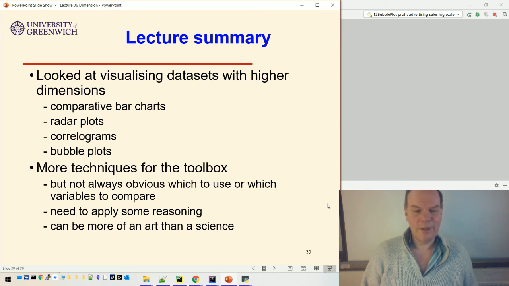It's not always obvious which to use, and you sometimes need to apply some reasoning, and it can be more of an art than a science. So picking, for example, in those bubble plots, the variables that you want to visualize can take a bit of thinking, and there's no right answer, so you may end up not necessarily picking the right ones. That's more a case of experience and just trying these techniques out.